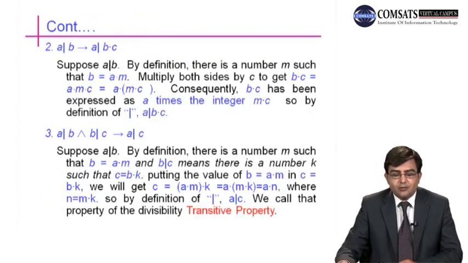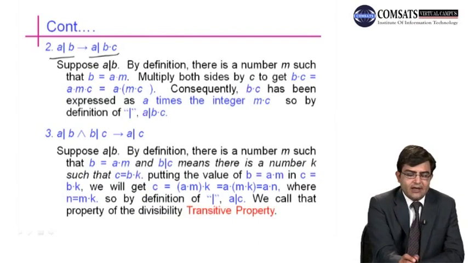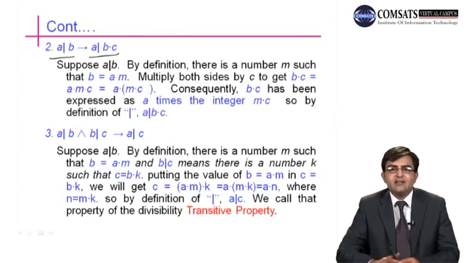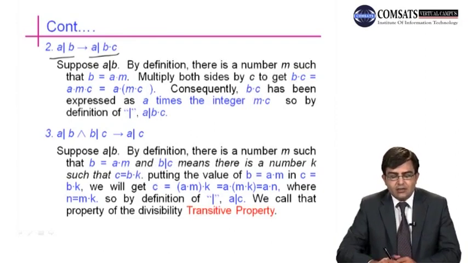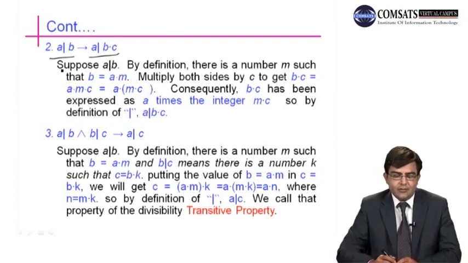So similarly we can prove the other two statements. If A divides B implies A divides B times C. So how do we prove such conditional statements? We suppose that the hypothesis of this conditional statement is true, and we prove that the conclusion is also true.